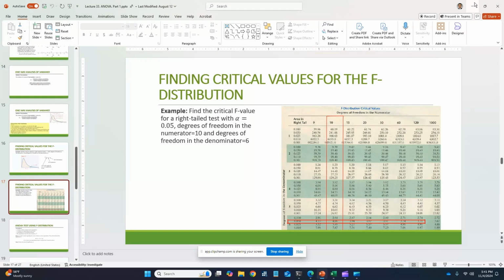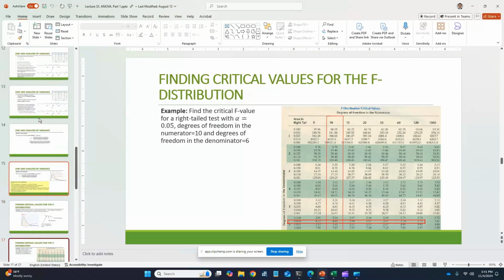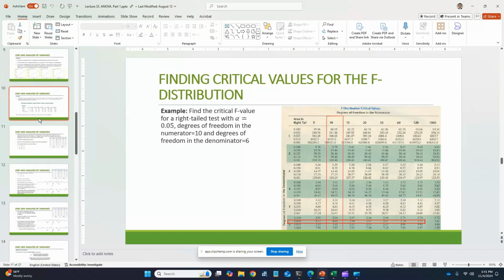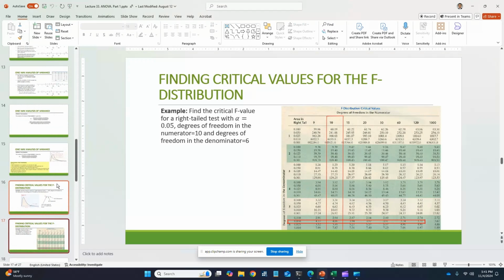But that's old school. We're not going to use that. So now we conclude that we can reject the null hypothesis in this study.